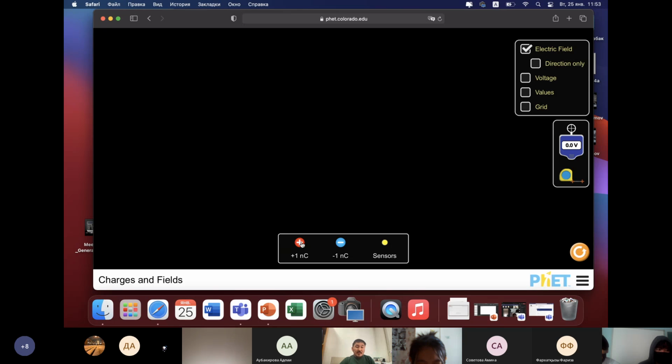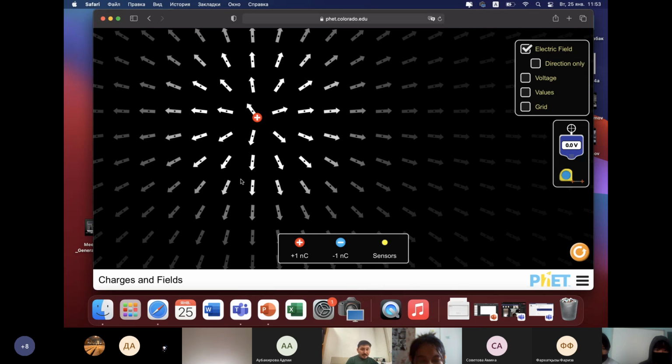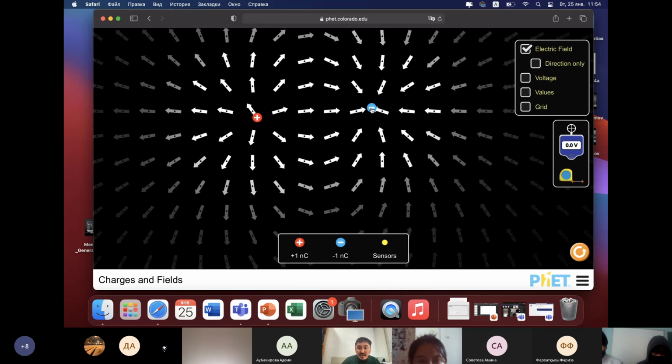First I will enter a positive charge. You see it's positively charged, and you see the directions here, lines and arrows, which means we have an electric field here. If I take any negative charge and put it here, it will be under the influence of this charge.